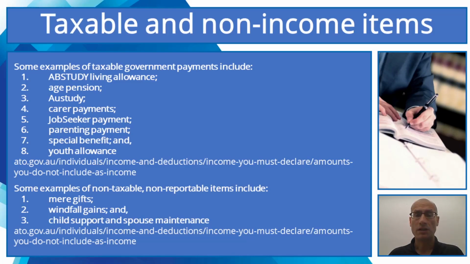With the Child Support Agency, or CSA, you are not required to put those amounts into your tax return. So they're neither exempt nor non-assessable, non-exempt income. They're not government payments, and they don't go in your tax return.